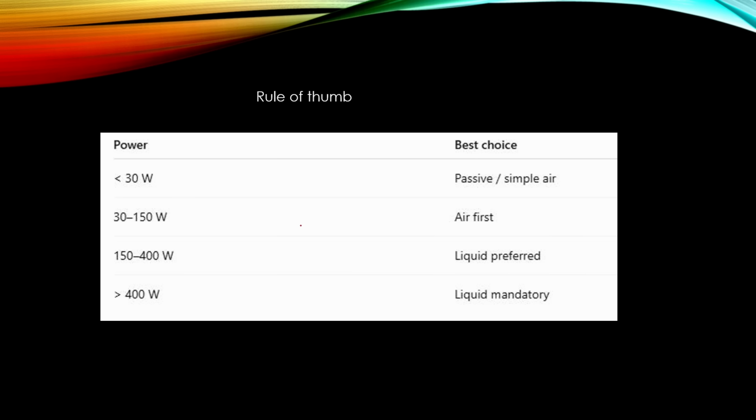If the power of the unit is over 150 watts, liquid cooling is preferred. And if the power of the unit is very high, let's say more than 400 watts, then liquid cooling is a must.